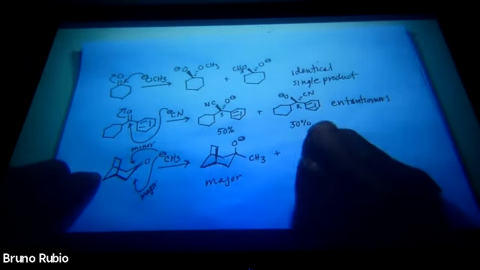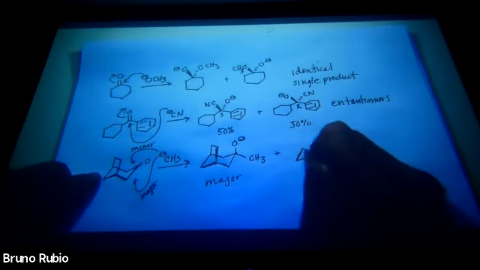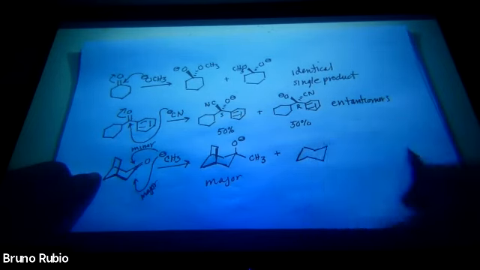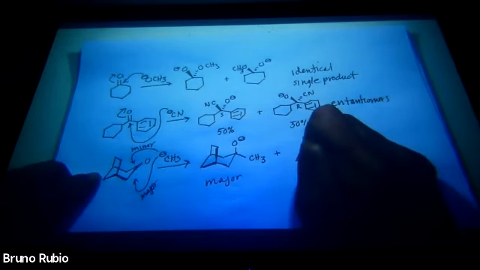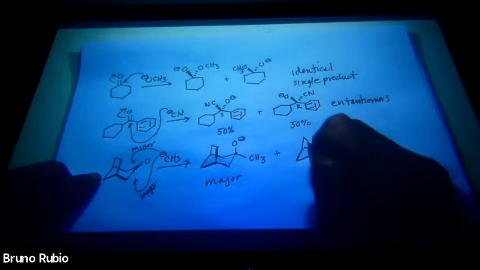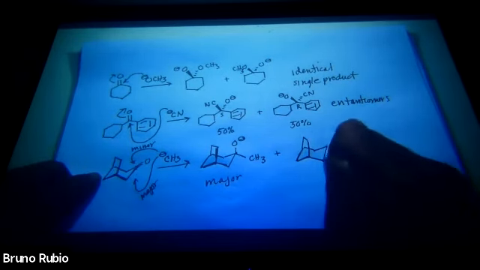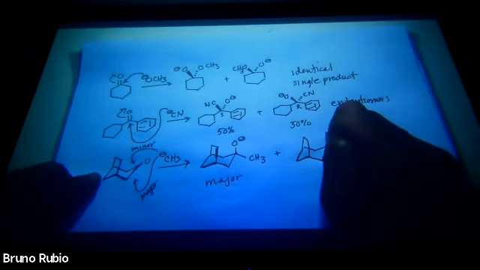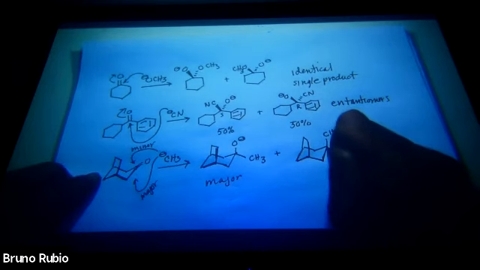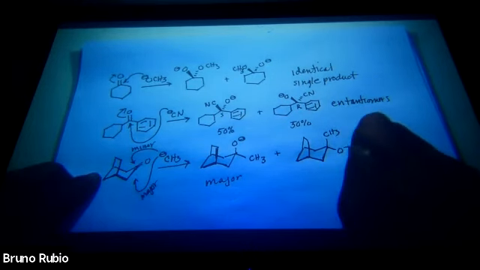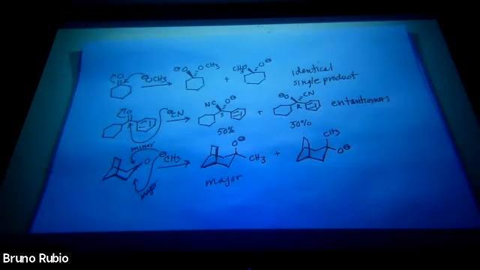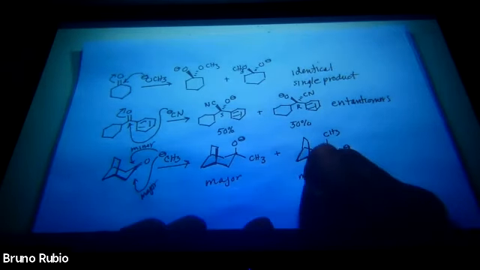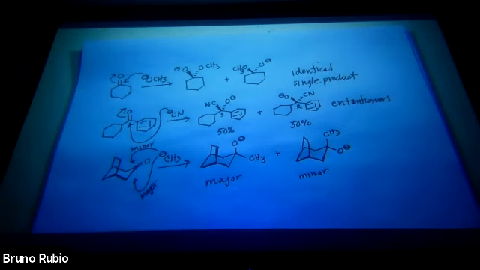The minor product is going to be the result of attack of the nucleophile from the top. So looking something like this, there, that nucleophile came in from the top and that O minus got shoved down like that. This would be the minor product. Okay, and so we get 2 different products. How are they related?